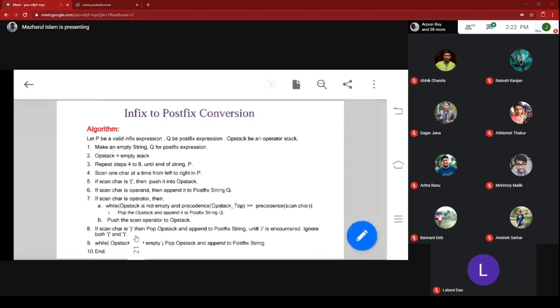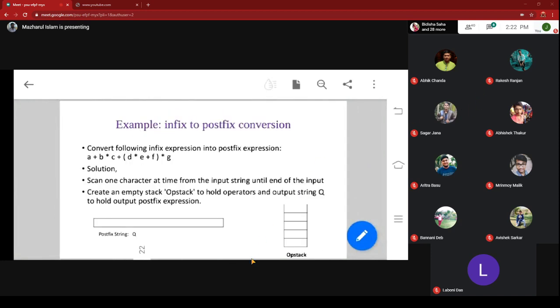When the op stack is not empty, 7A will execute. Now the stack is empty, so 7B will execute. You will push the scan operator to the op stack. The scan operator in your hand is plus, so the plus symbol is at the top of the stack.